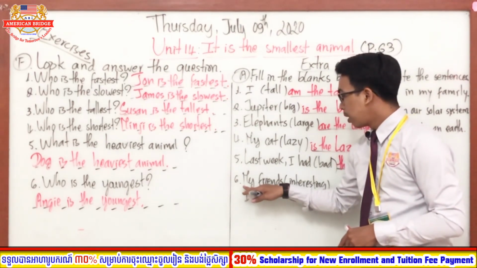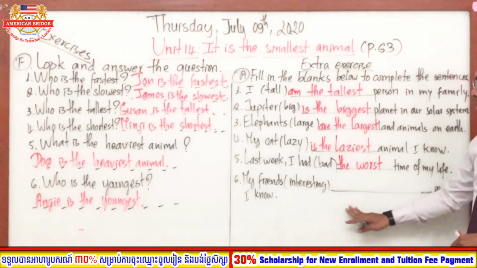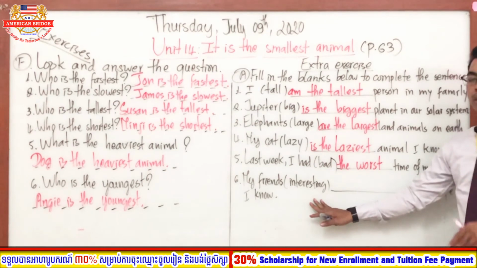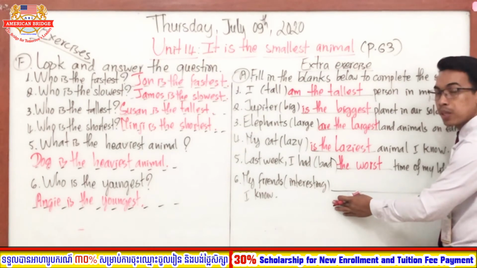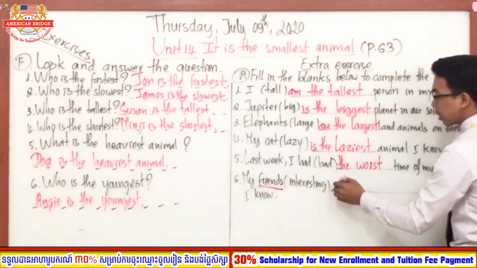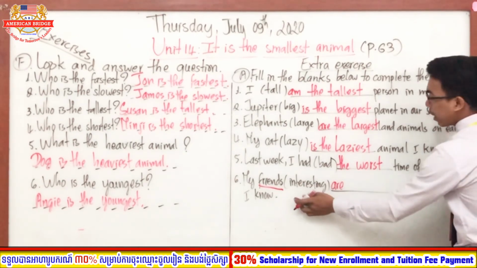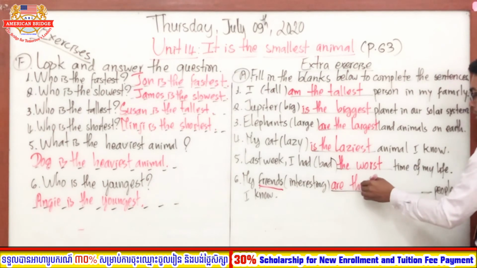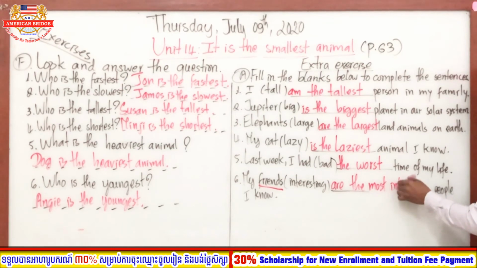Number 6. My friends, interesting, people I know. So we have to change interesting to a superlative adjective. So my friends is or are, anyone? Very good. Are, because friends is not only one. So we choose the to be are. My friends are the most interesting.